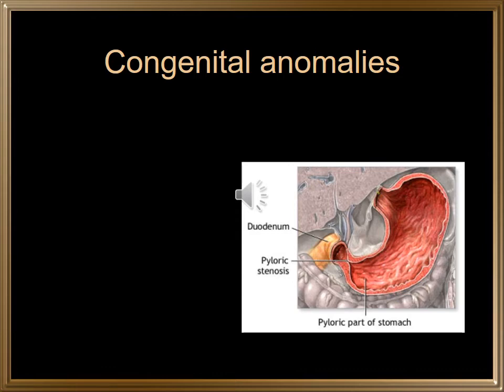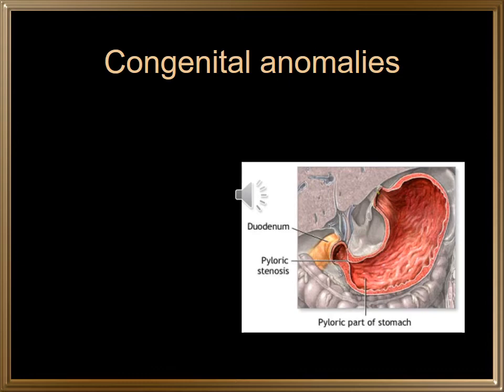This particular vomiting is described as projectile vomiting, one of the diagnostic signs of congenital hypertrophic pyloric stenosis. People also think that this runs in families as well.